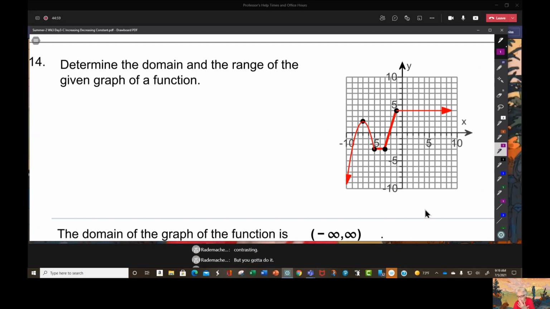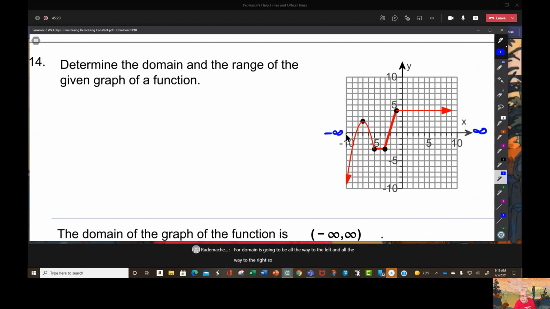Okay, now, notice that this arrow means that the graph continues down, down, down. Well, it continues to the left also. And it continues to the right. So our domain is going to be all the way to the left and all the way to the right.